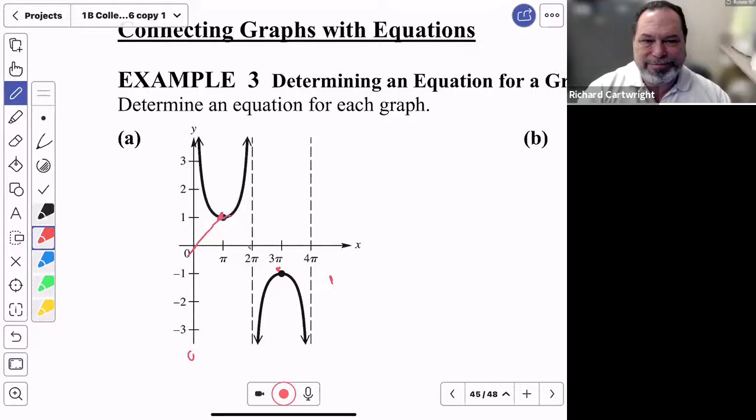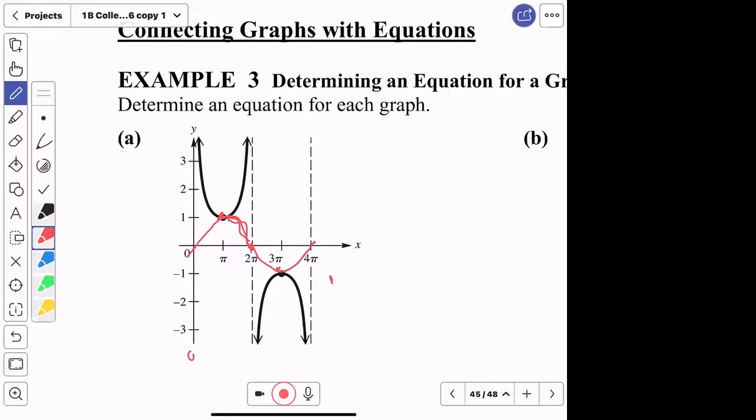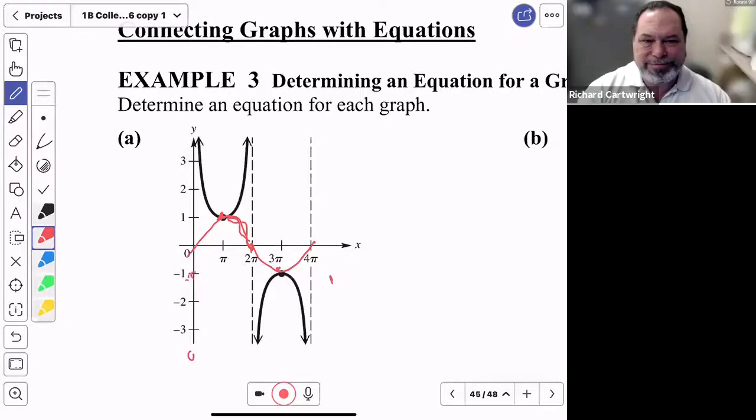Oh, another asymptote right here. Another asymptote right here. Oh, what did I just graph? What kind of curve, sine or cosine? Sine. Sine curve. And so it started at 0. The reciprocal is cosecant. I just graphed a cosecant.